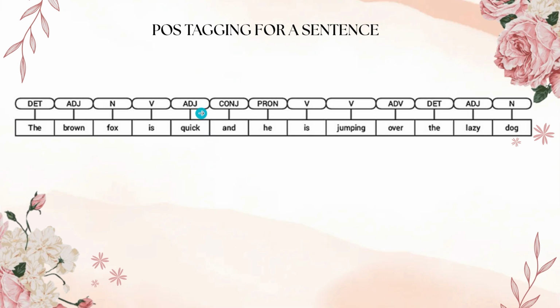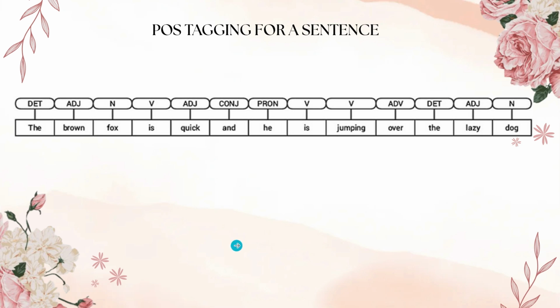Then the third one, adjective, simply we can call it ADJ. Adjectives are words used to describe or qualify other words, typically nouns or noun phrases. For example, in the phrase beautiful flower, the noun flower is described or qualified using the adjective beautiful. The POS tag symbol for adjective is capital ADJ.